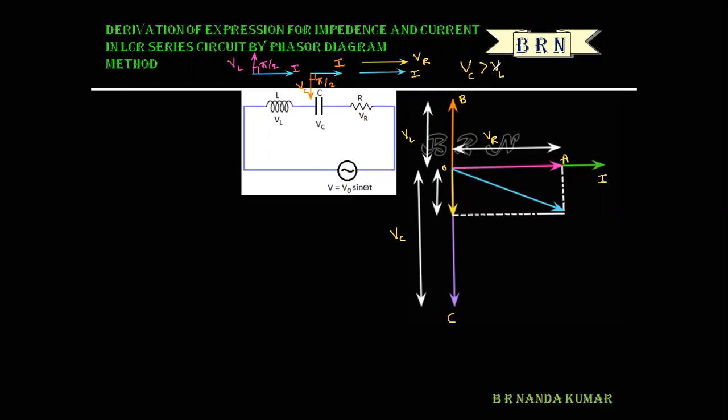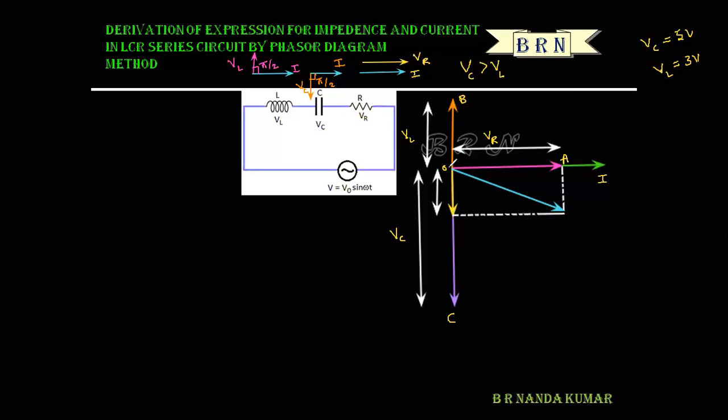So here our assumption is VC is more than VL. For example, VC is equal to 5 volt and VL is equal to 3 volt. VC acts vertically downwards, and VL acts vertically upwards. So what is the resultant?